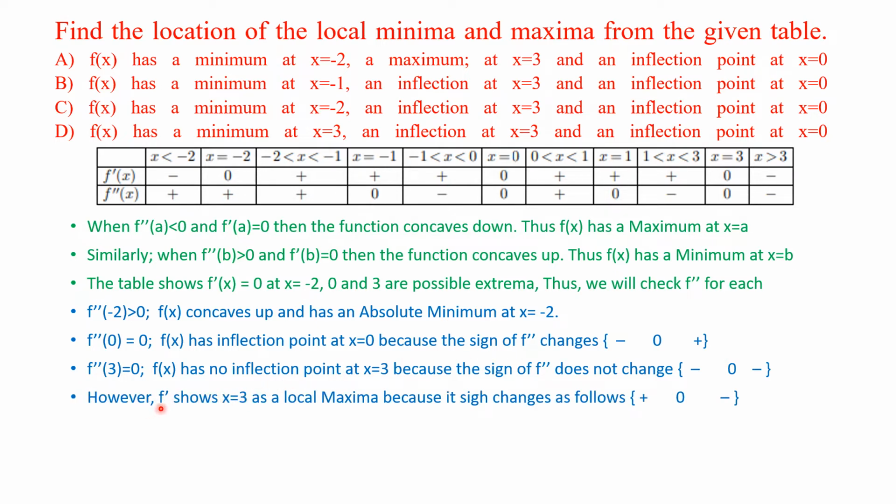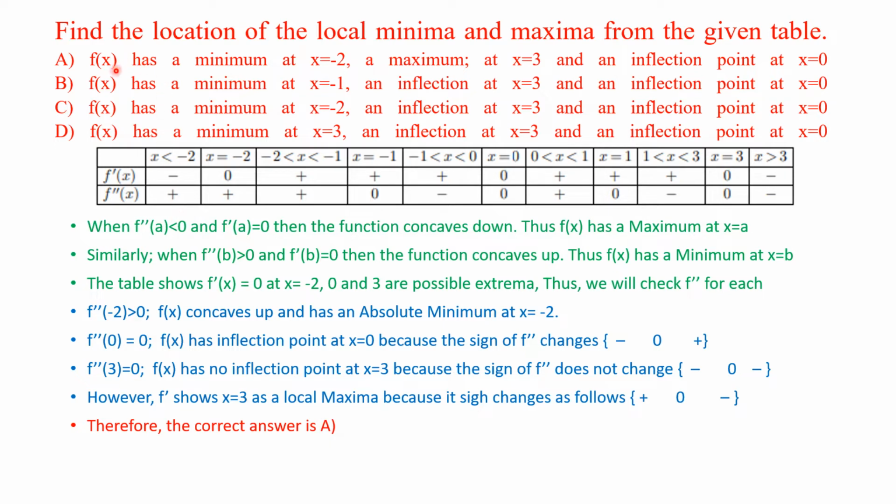However, f prime shows x equal to 3 as a local maximum because its sign changes as follows. Anytime we have the sign of the first derivative as plus and then after we pass the critical point it becomes negative, then this is a maximum. So the answer will then be the first choice, which is A.